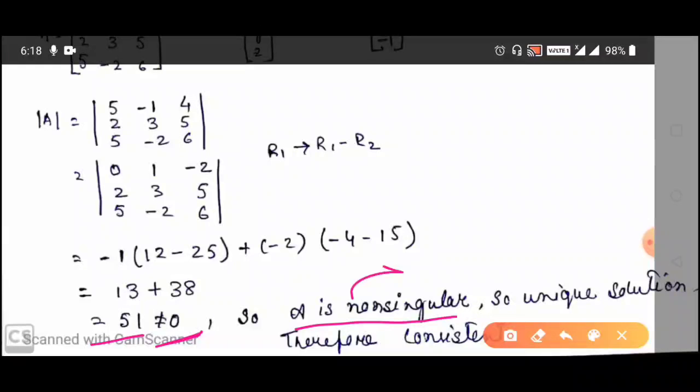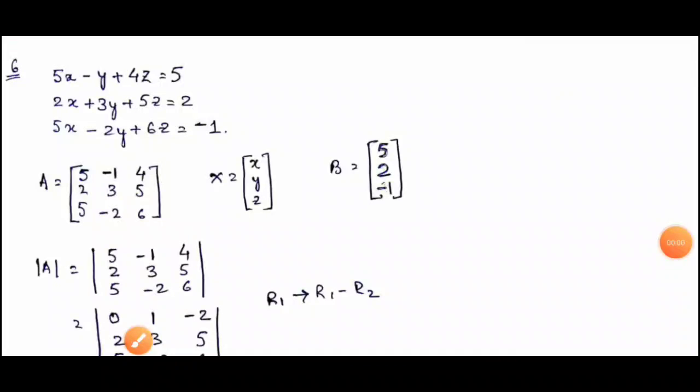Whenever A is non-singular, A inverse exists, and whenever A inverse exists, the system of linear equations will give us a unique solution. Whenever the system of equations has a unique solution, the system of equations is consistent. So in question number 6, the system of equations is consistent.